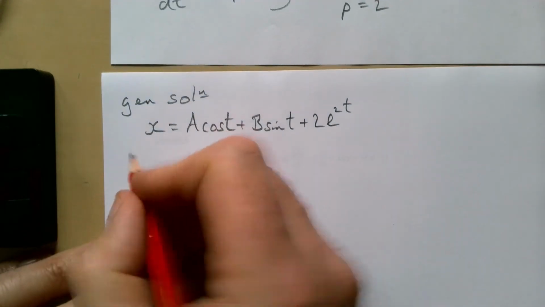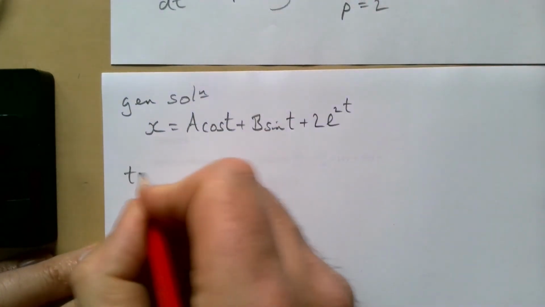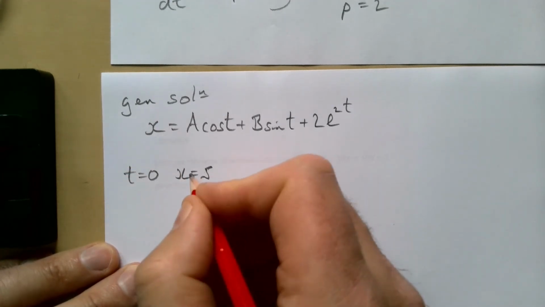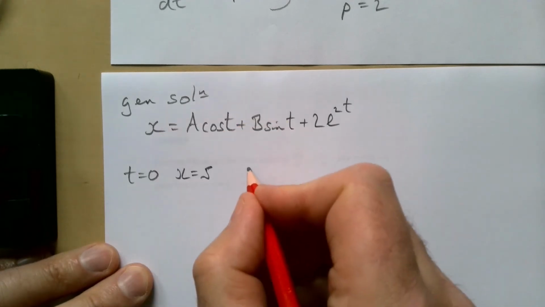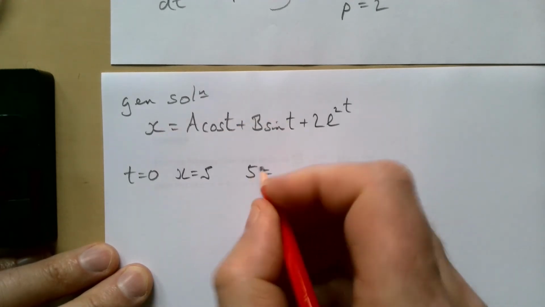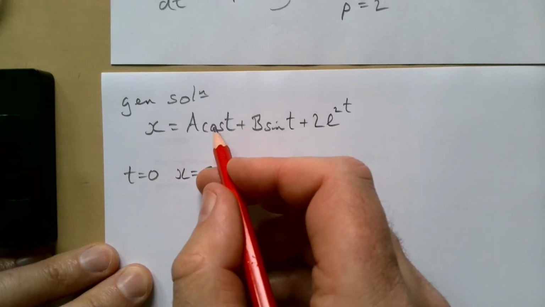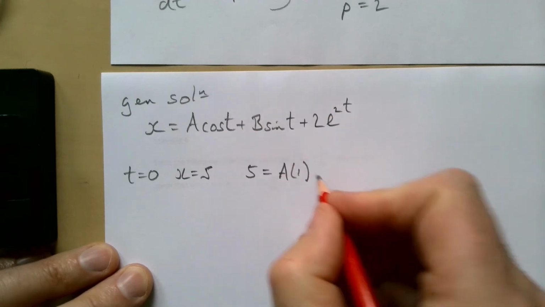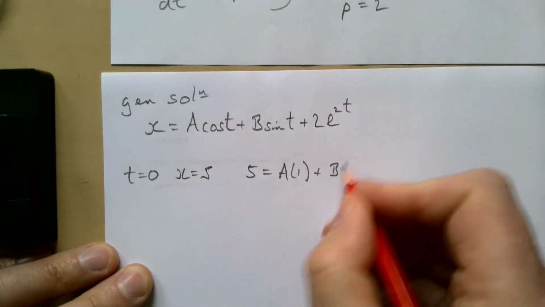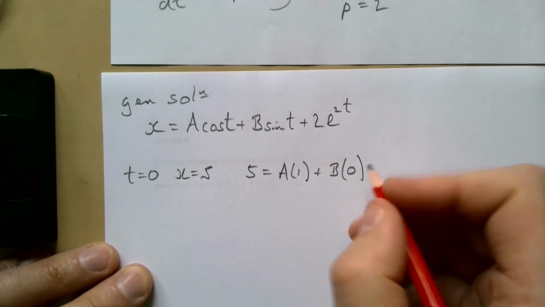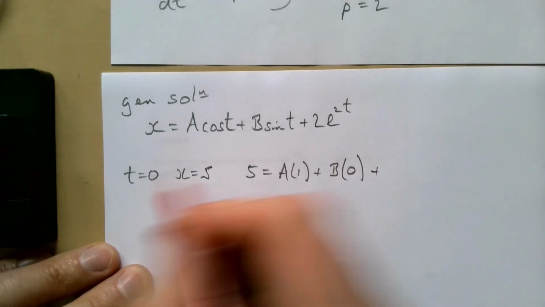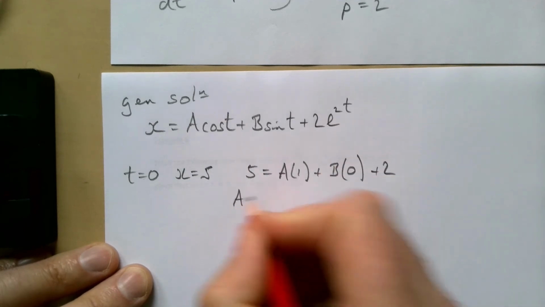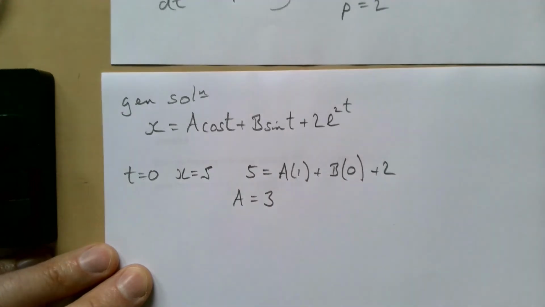We know, because it tells us that when t equals 0, x equals 5, that's going to give us 5 equals cos of 0 is 1, so it's a times the 1, plus b sine of 0, which gives us 0, and then plus, putting t equals 0, that's going to give us 2. So that gives us a value of a equals 3.